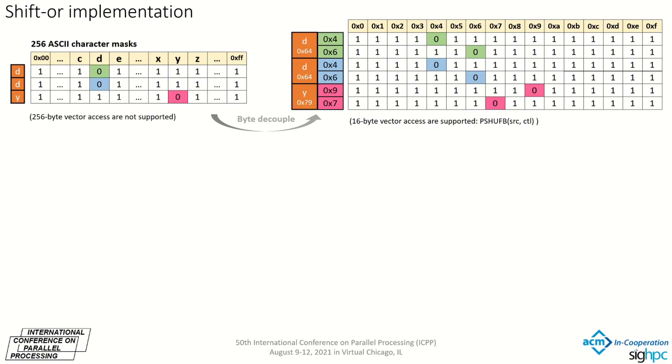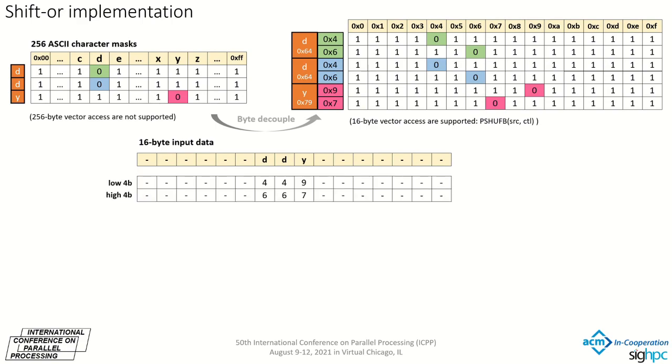A complete string matching by SIMD is mainly divided into 4 steps. The first step is to load the input and get its low 4-bit vector and high 4-bit vector. In the second step, we need to find the match of half bytes.